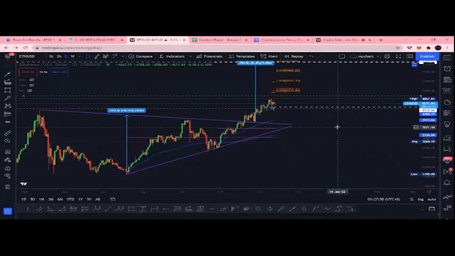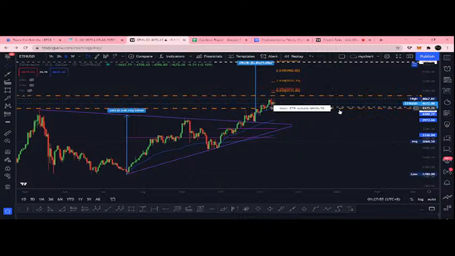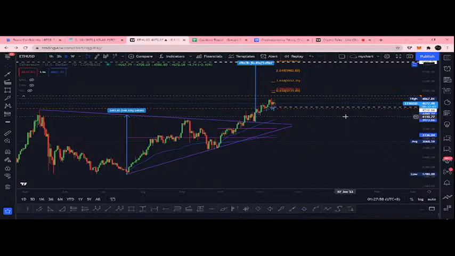So the support I'm looking at is the point of control, which is at the 4,500 area.